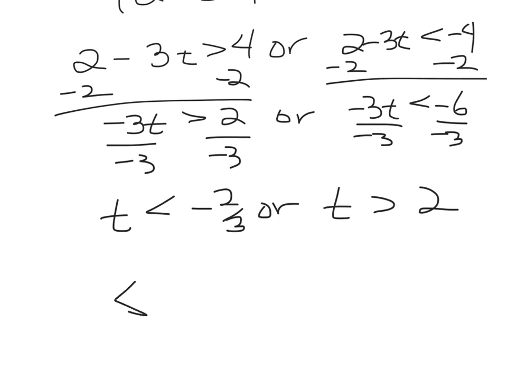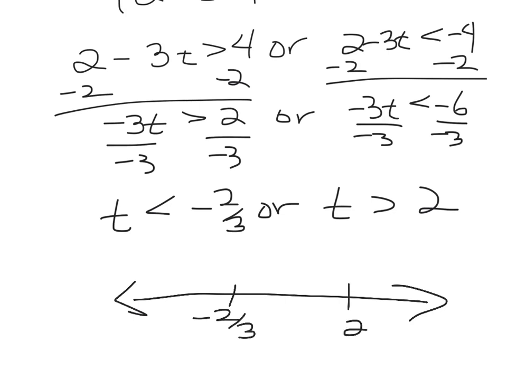And then now I'll try to graph this. So put least to greatest, so the negative first, the positive here. This is going to be an open circle going this way, open circle going that way.